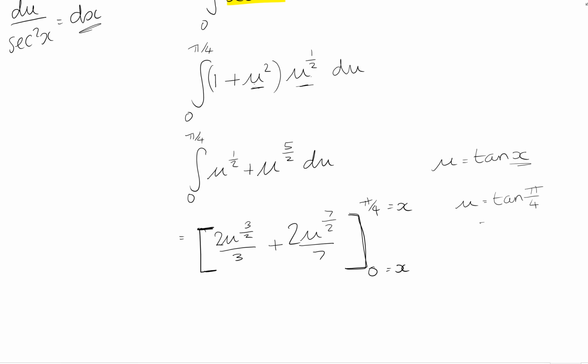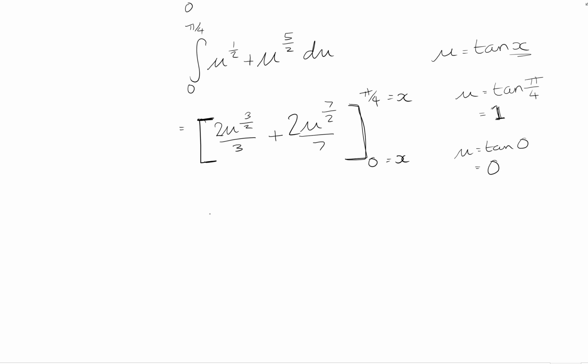Okay, and if you use your calculator, you'll find that that comes to a nice round 1. Okay, and then when x is 0, u equals tan 0, and at that point it's 0. So instead we're going to have new limits to sub in, nicer limits I would say, 2 over 3 and 2 over 7, so just copying down that question, and then I'm putting in 0 and 1.